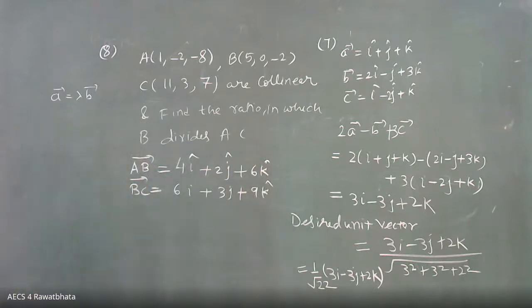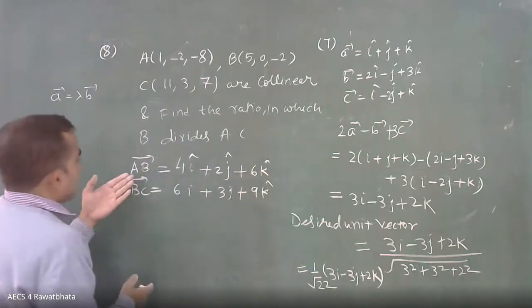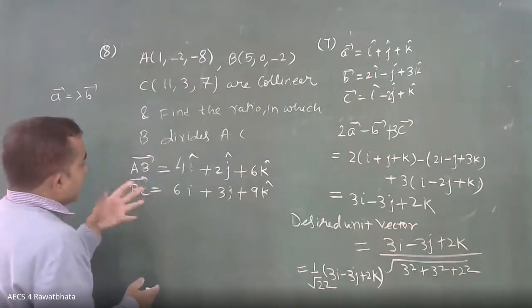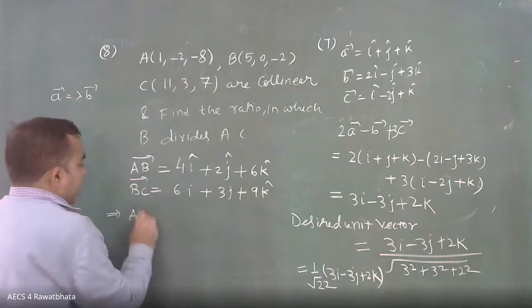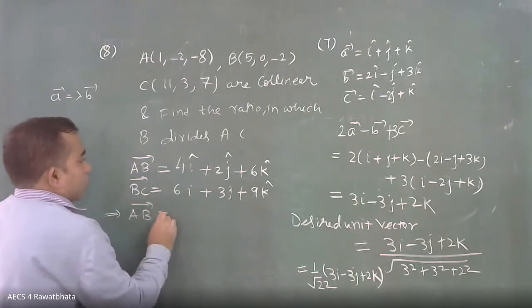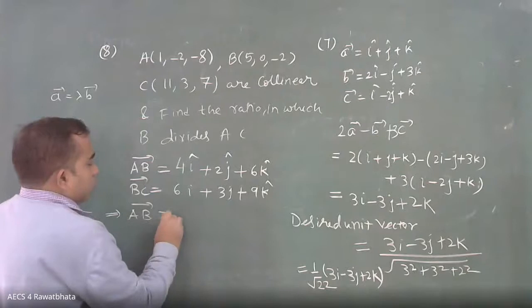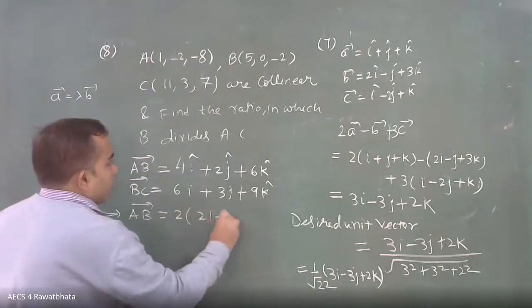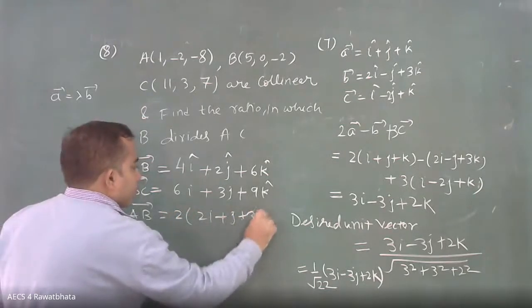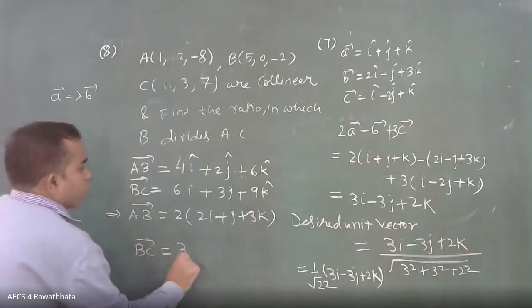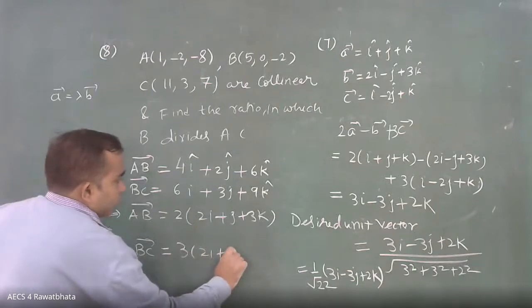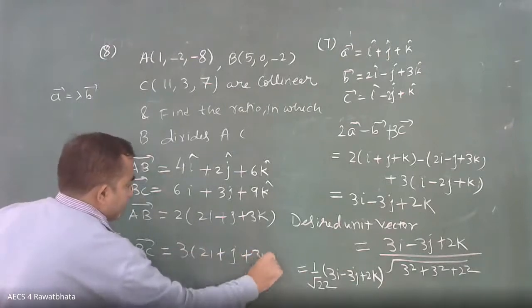Right. Now, I'm going to bring AB and BC into some relation. I'm going to write the AB vector equals 2 common, 2i plus j plus 3k, and the BC vector is equal to 3 common, 2i plus j plus 3k.